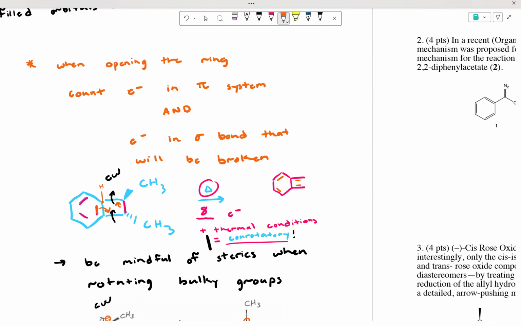And then the question is, how are we going to draw our methyl groups? We see that the top methyl group is pointed towards us, and we're going to rotate it clockwise, which is going away from us. So that means this methyl group is going to be facing up.